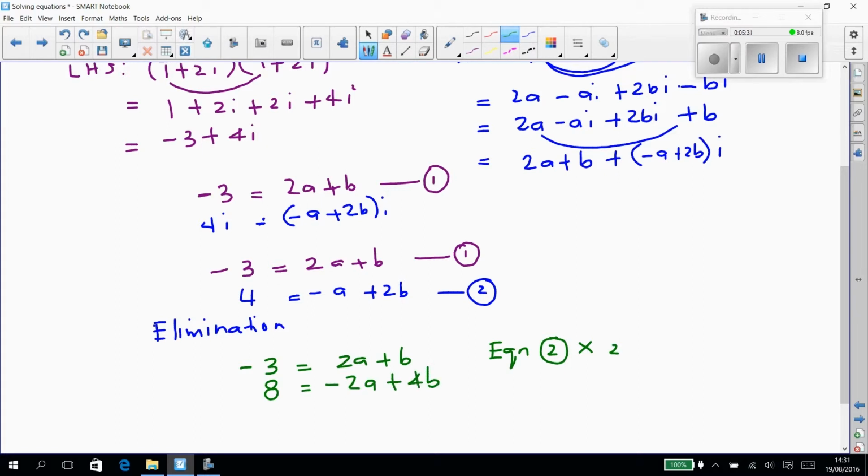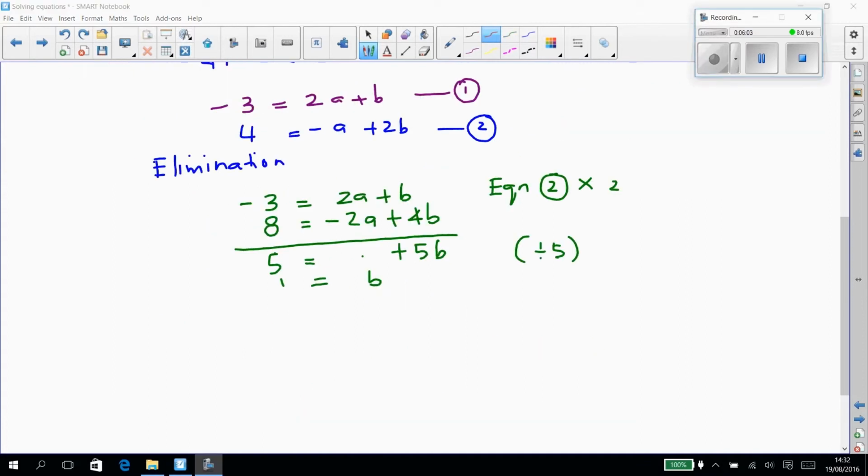Now I am going to add these two equations. Negative 3 and 8 gives me 5. 2a added to negative 2a gives you 0a. 1b added to 4b gives you 5b. If we divide both sides by 5, we see that the value of b is 1.